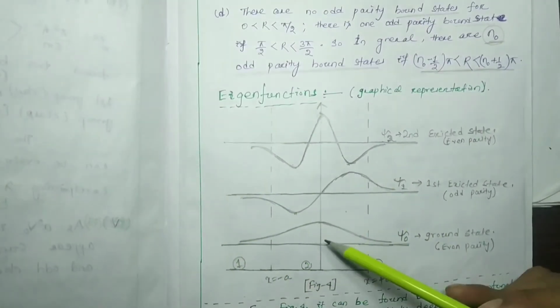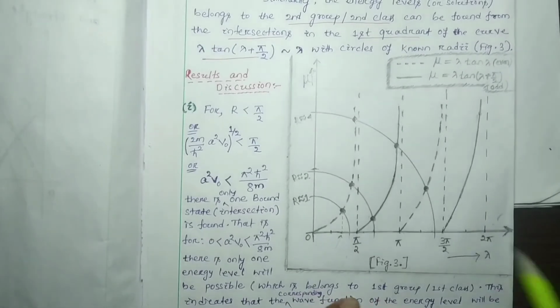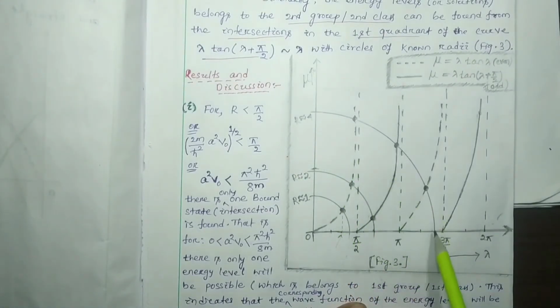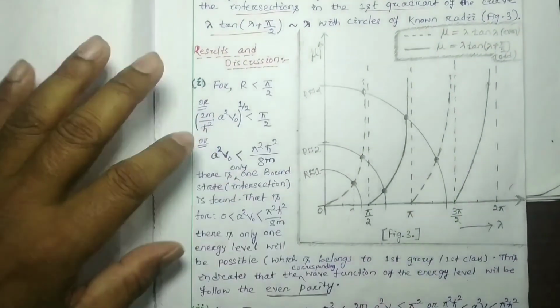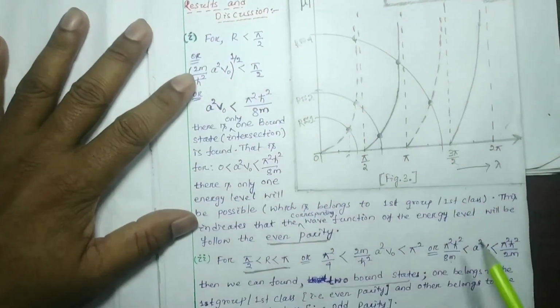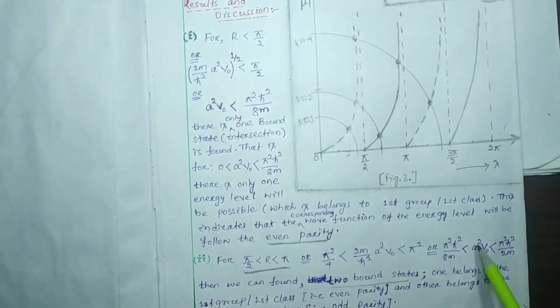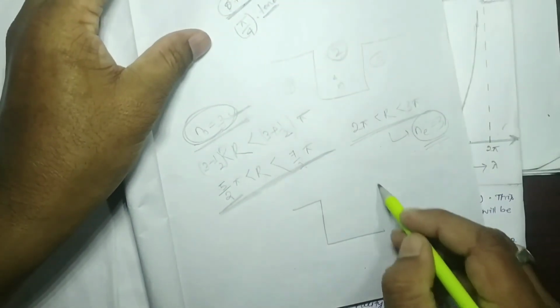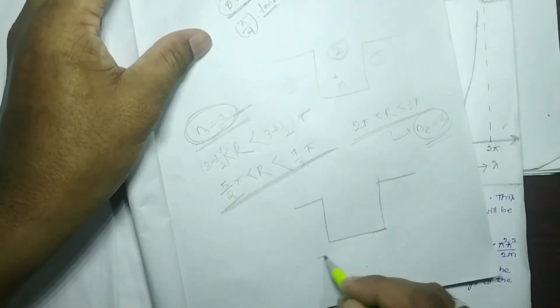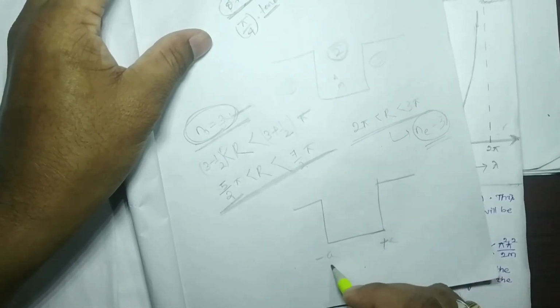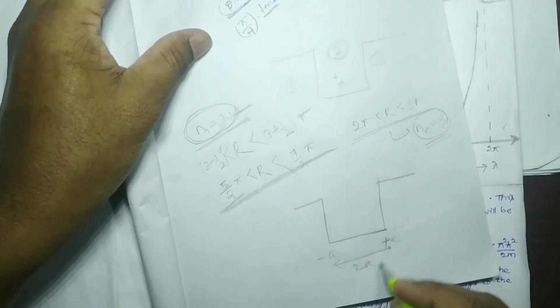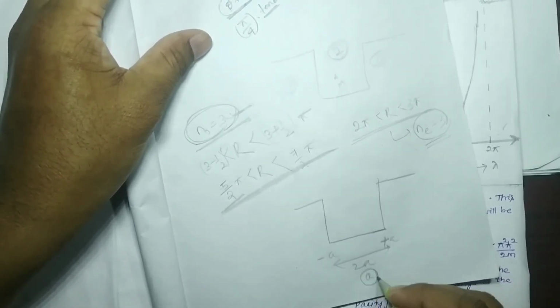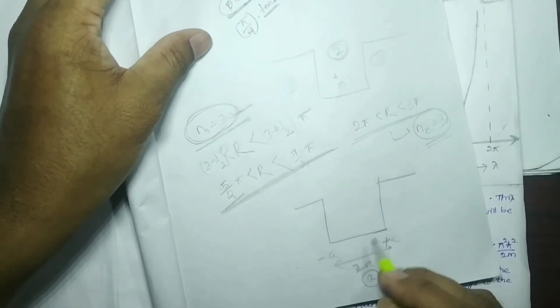See, here we represented the three states. That means the potential, this A means your width. We have taken the width from minus A to plus A, so this is 2A. If A is constant, this width is constant.